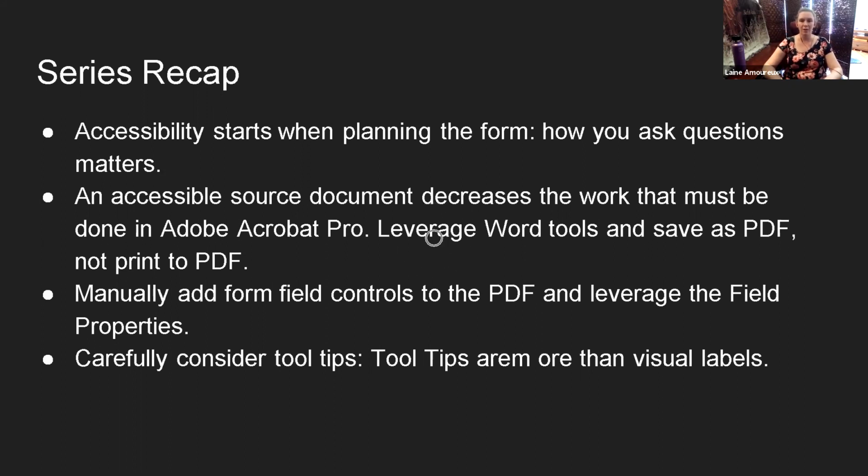And so far we have covered some tips and tricks for the design process from the very beginning, how to even phrase questions to get the answers that you want, to make those questions clear and concise for those who might be completing it, how to make the source document, so the Microsoft Word version of the survey, accessible, and create the structure that will allow the document to be saved as PDF and maintain some of that structure that is accessible to assistive technology users.